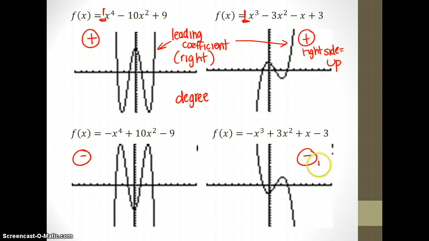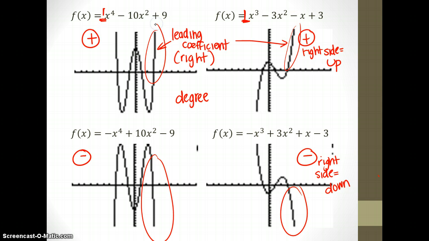When they're negative, if you graphed hundreds of functions, you'd notice this every single time. When it's a negative leading coefficient, in this case they're both -1, the right side ends up going down. So right side down for negative leading coefficient, right side goes up for a positive coefficient.